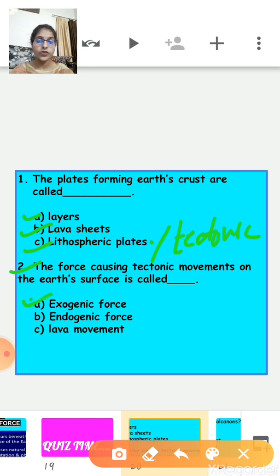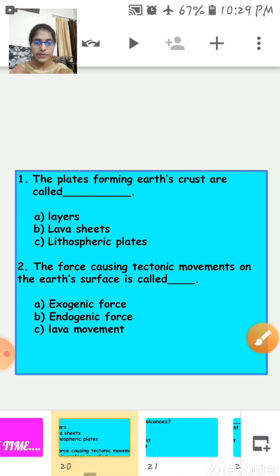It's exogenic, that means the A option, exogenic force. Exogenic force works on the earth's surface, and its impact can be seen in the form of erosion and deposition, like deposition by wind, water and ice.